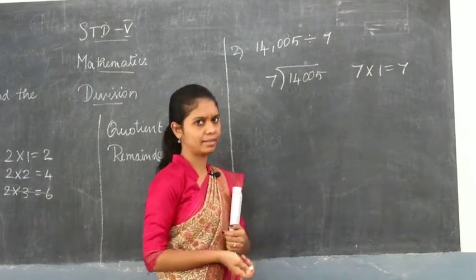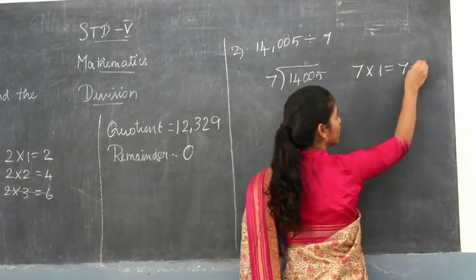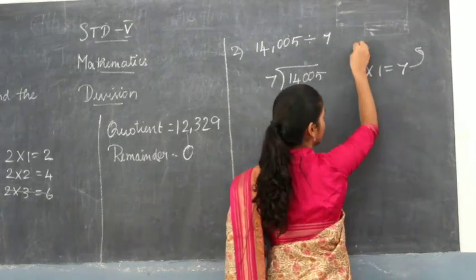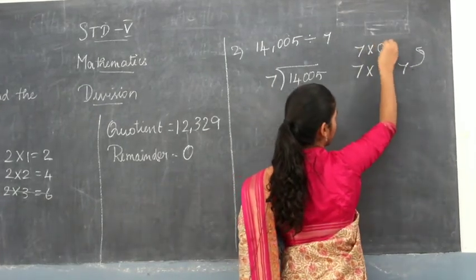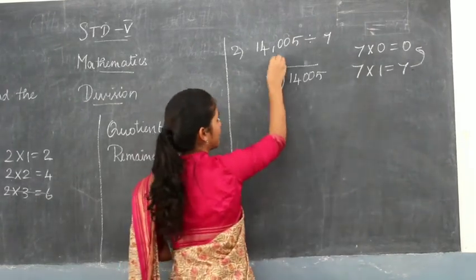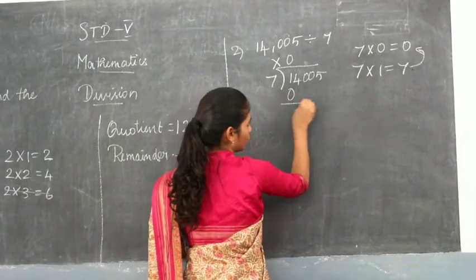So you should go to the number before. Before 1, what number is there? 0. So 7 multiplied with 0 gives you 0.